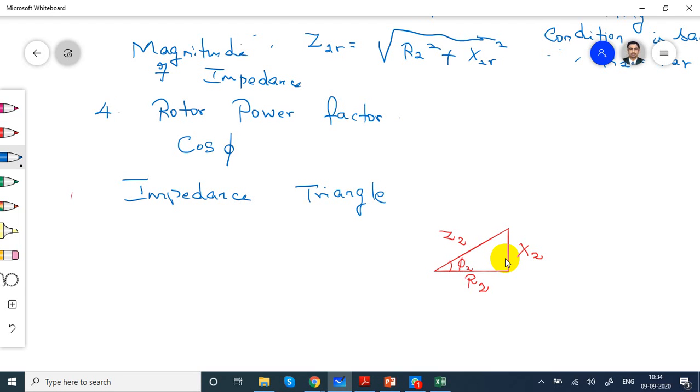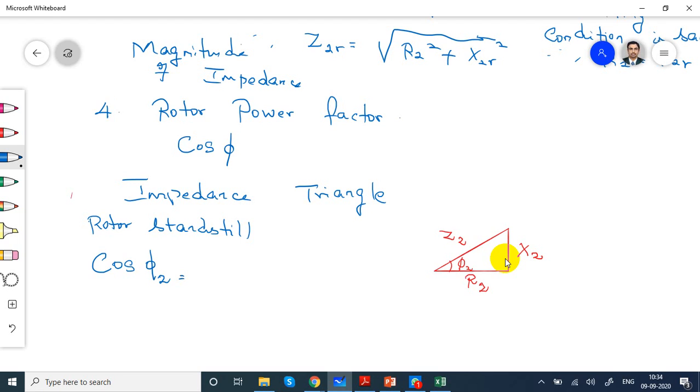Here also we are going to write rotor at standstill. At standstill, the power factor will be cos phi 2.